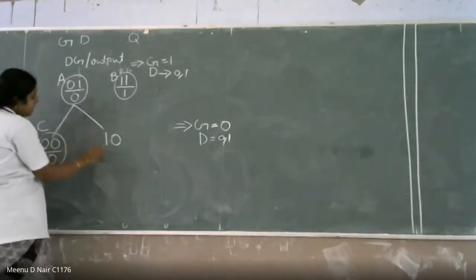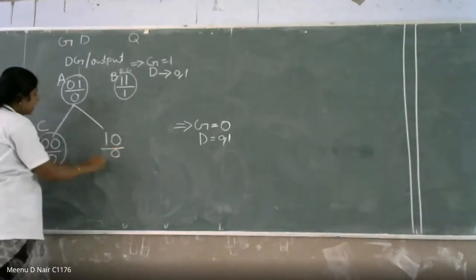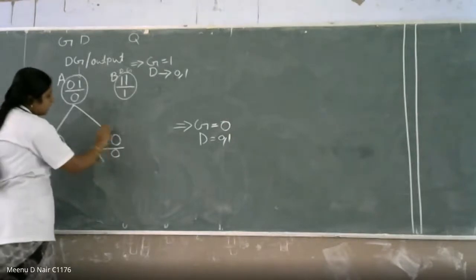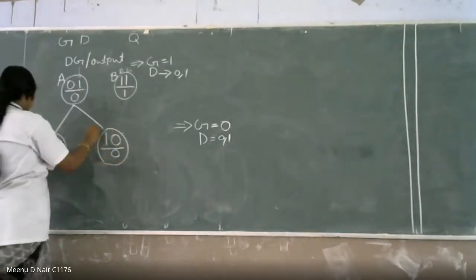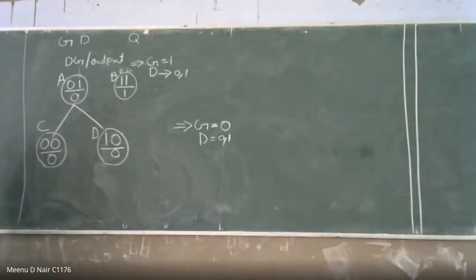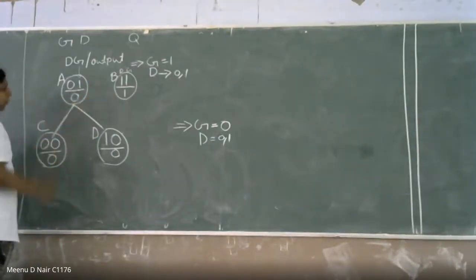So you can write this as 0, 1, 0, 0. This condition you can call D. So these conditions A, B, C, D you got.